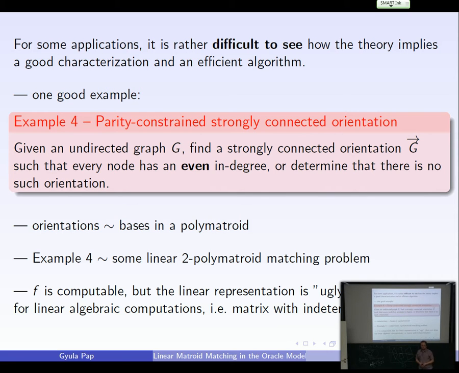It's ugly. Could even be replaced by a given parity there, right? So you can replace even by odd or another prescribed parity. Yes, a prescribed parity, yes.